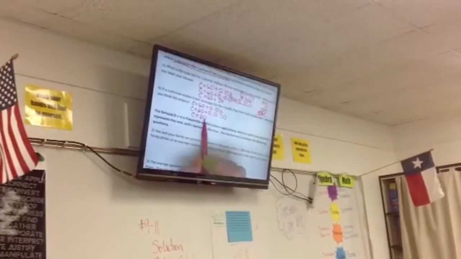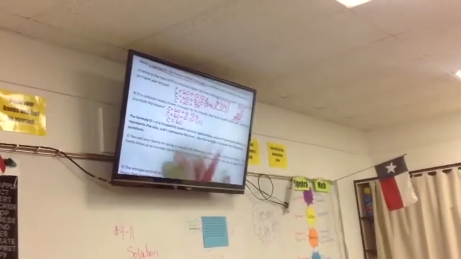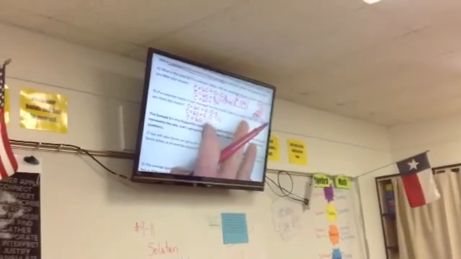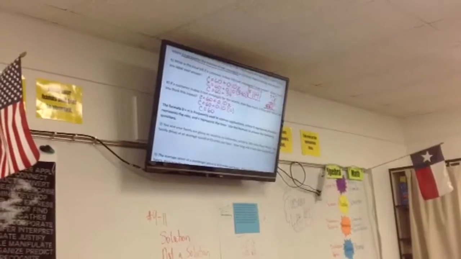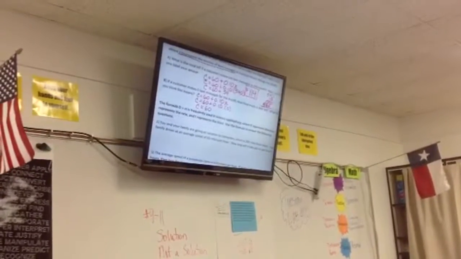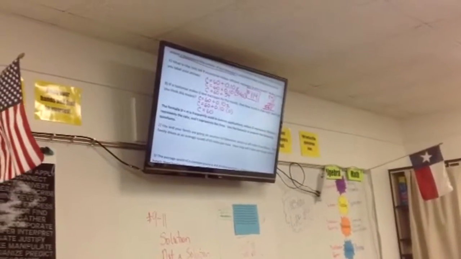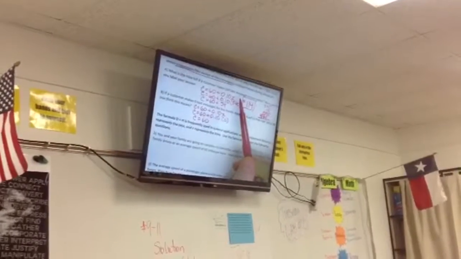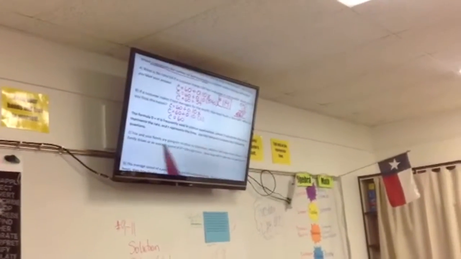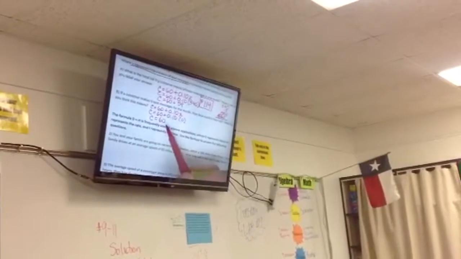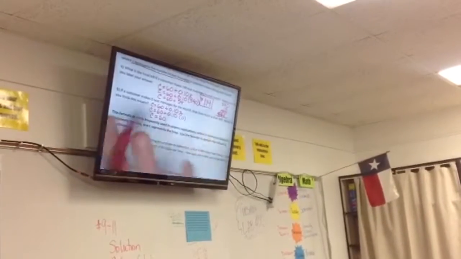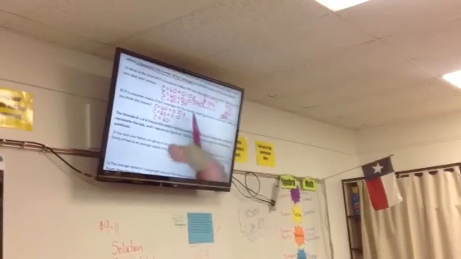Exactly. $60 is the base amount that I'm going to have to pay every month, and added to that will be text messages, depending on what my rate is. So what we're doing is taking the formula that is given to us and plugging in the numbers that they give us to figure out the solution. Simple as that. Using the formulas to answer the problem.